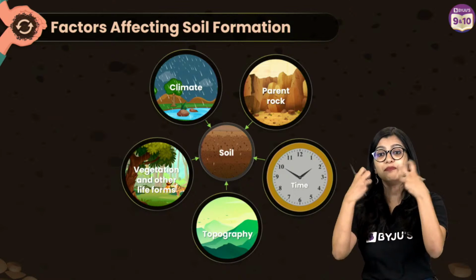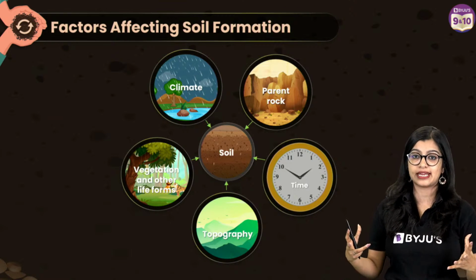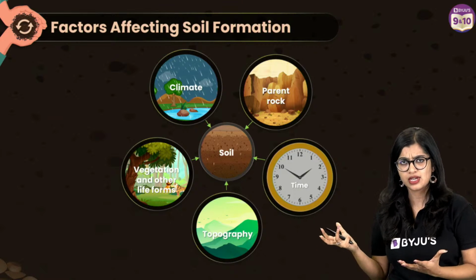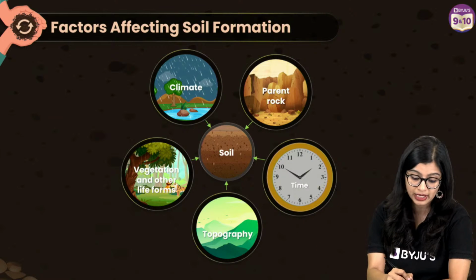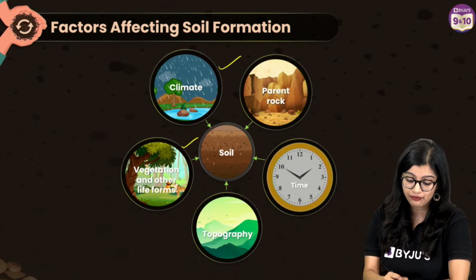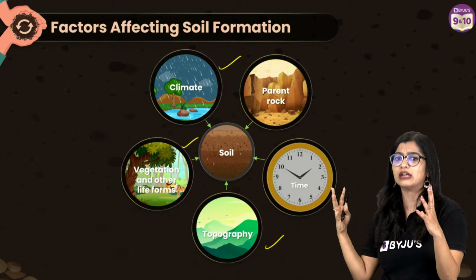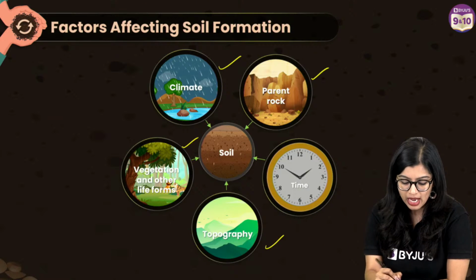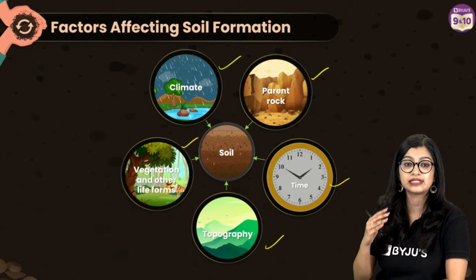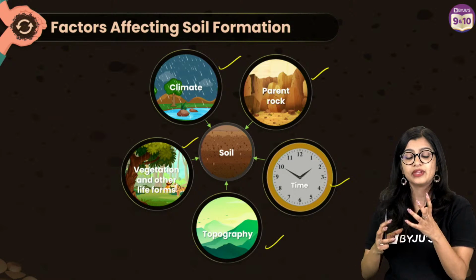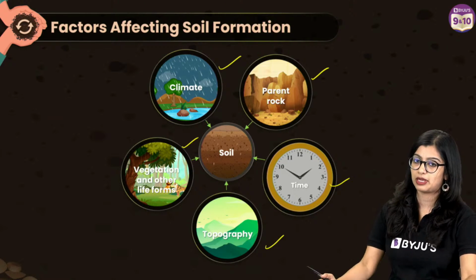The breakdown of these large-scale rocks takes place due to multiple factors. These factors could be climate, vegetation and other life forms, and topography, which is nothing but the land of the geographical region that is there. Along with that, time.